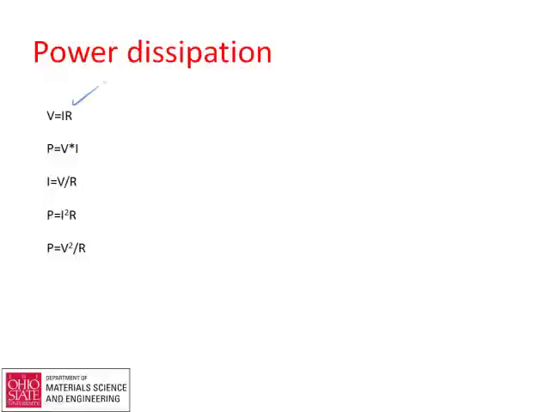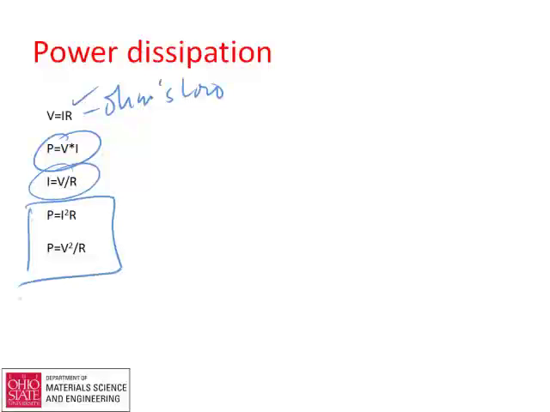If we use V over I, R as Ohm's law, power is voltage times current, and then you can say that current is voltage over resistance. So we've got two expressions we could use for power. Power you can take as I squared R. If you measure current and you know resistance, you can get power that way.